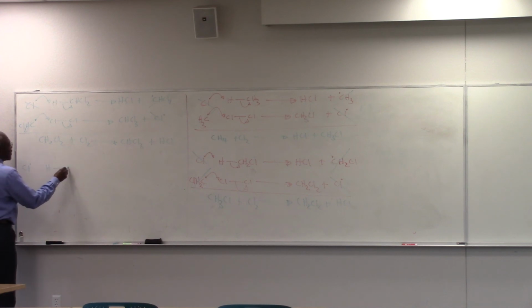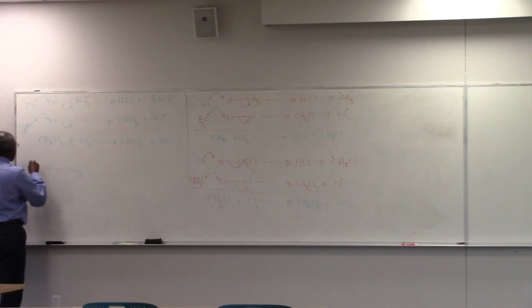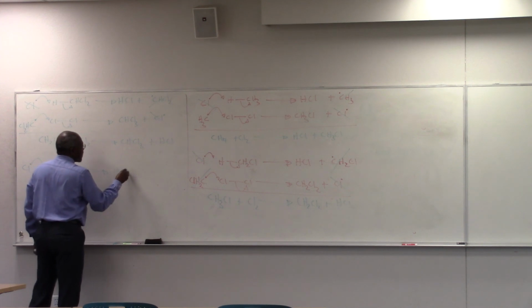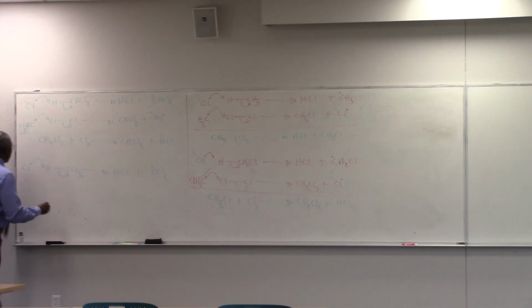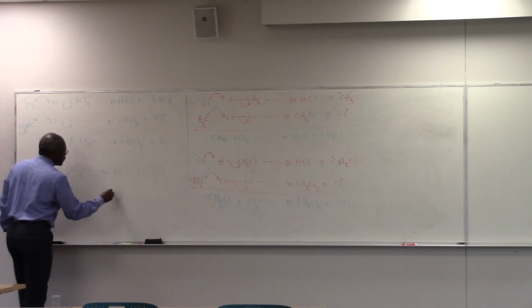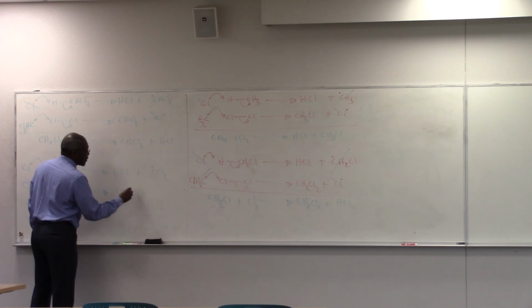So the Cl will attack the CHCl3, abstract the H, give HCl, plus a trichloromethyl radical. The trichloromethyl radical reacts with Cl2 to give rise to tetrachloromethane, which is also called carbon tetrachloride.